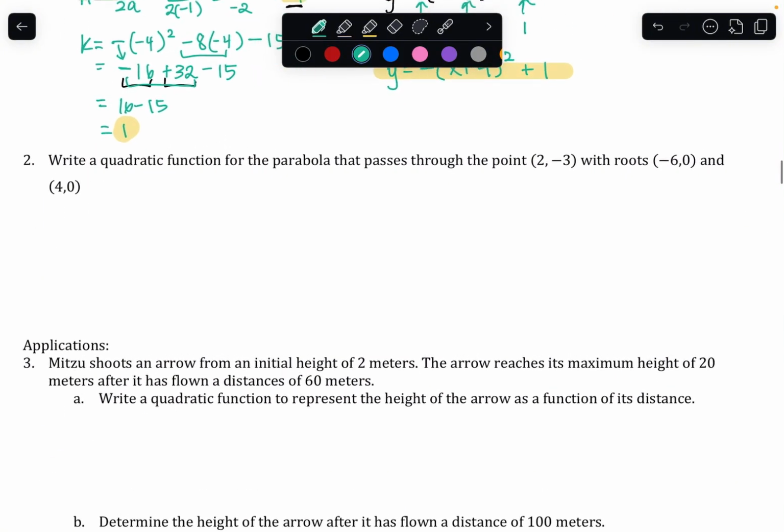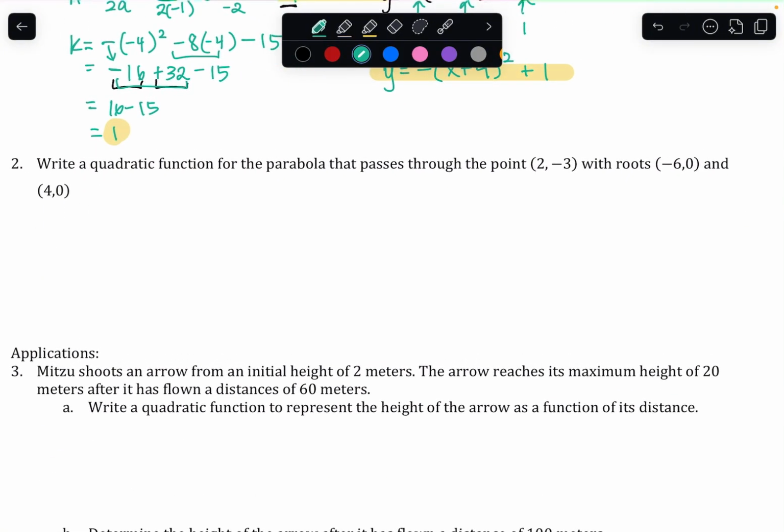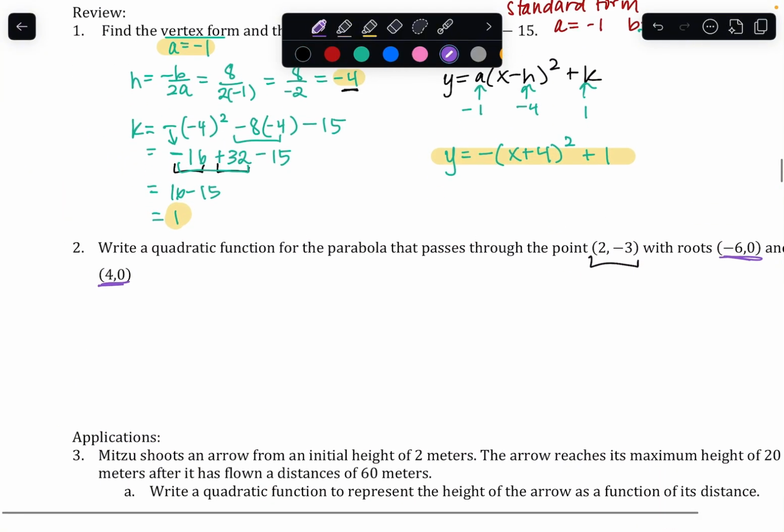Okay, in this next one, it says write a quadratic function for the parabola that passes through this random point and has roots. Okay, so we're given the roots. That tells me I need to start with root form.